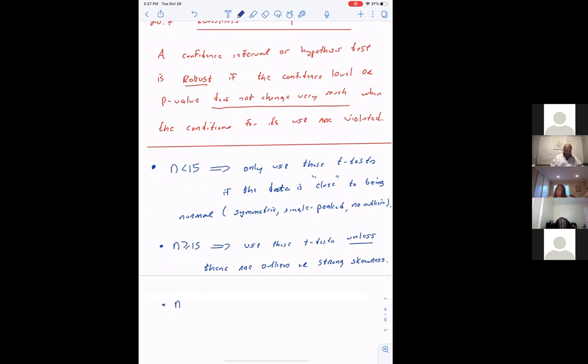And if n is, let's say, greater than or equal to 40, go ahead and use any t-test you want. If n is greater than or equal to 40, then we can withstand any of these violations.